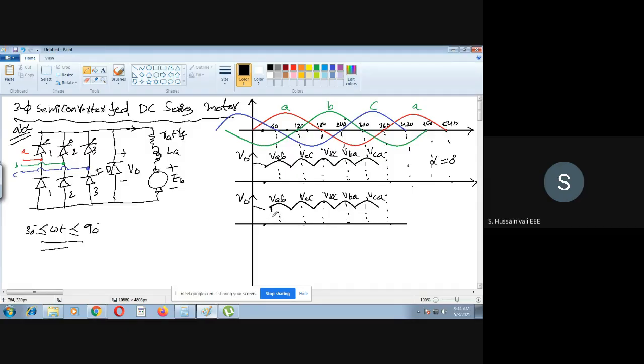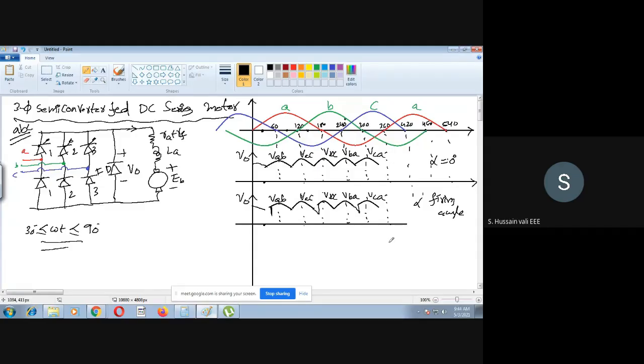Likewise, this is for firing angle alpha.